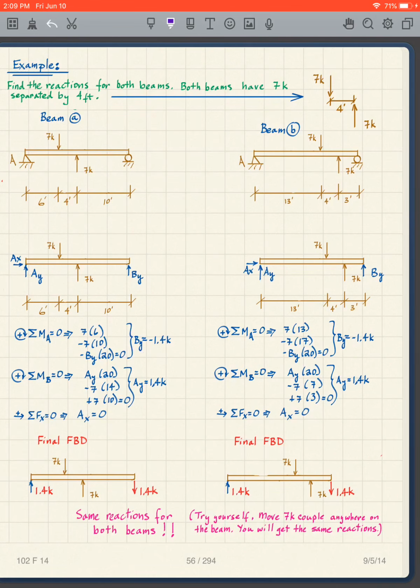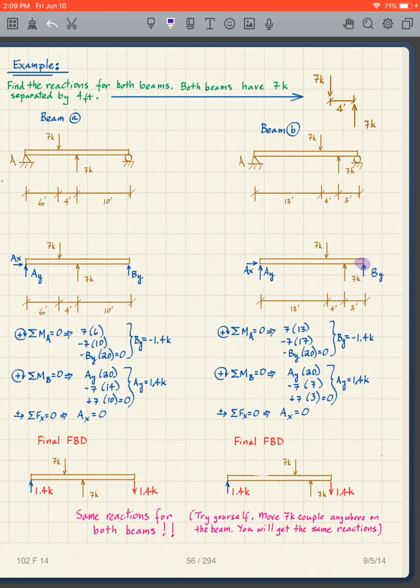It's an interesting concept with that. So let's do moments about B. Taking moments about B, I'm going to have AY times 20, 7 times 14, 7 times 10 for that one. Pay attention to the signs.